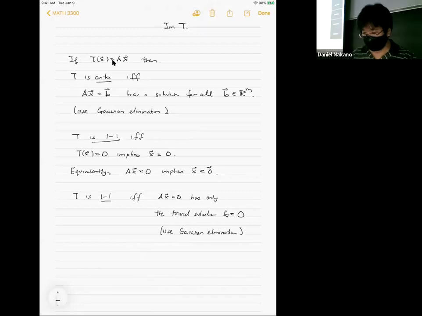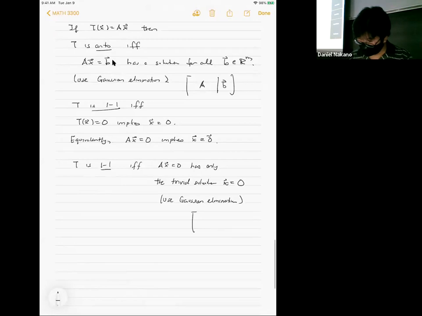Set up your matrix so that here's your A, and then here's your b over here, and then you just want to see if there's a solution for every single b. And then down here, you put your A over here, and then you put the 0 matrix over here, and see if you only have one solution. Okay?